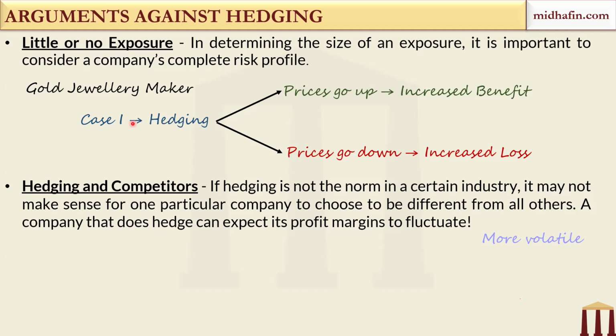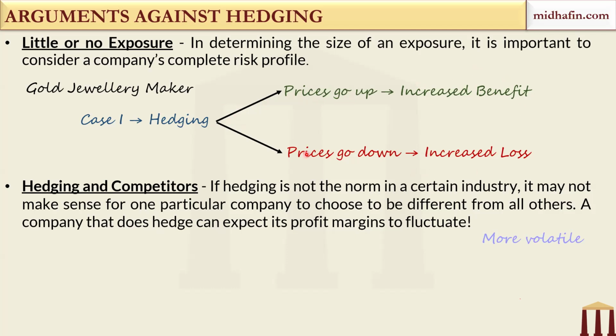But since, because of market fluctuations, the price of jewelry also has increased, this maker, although buying the input at a lower price, is selling the output at a higher price. So that is why we say increased benefit, double benefit you can say. But if the prices go down, then there is an increased loss.